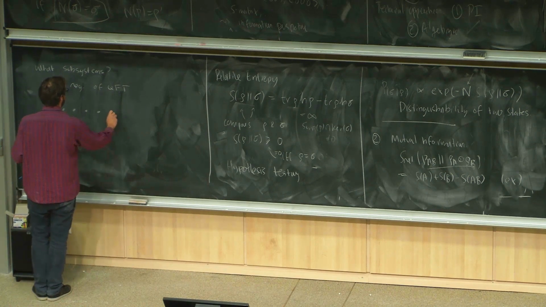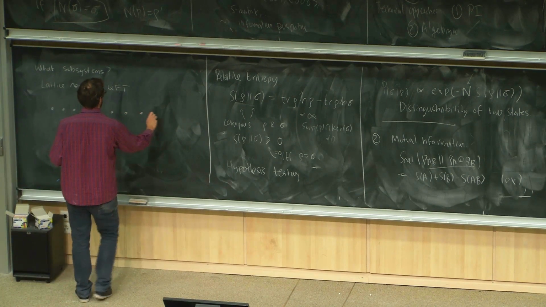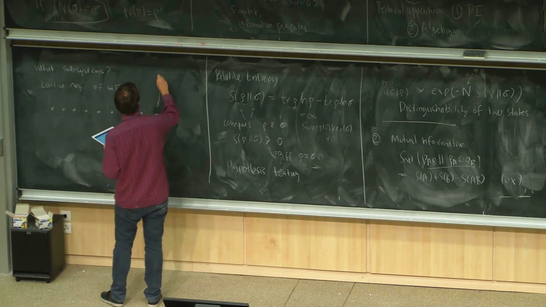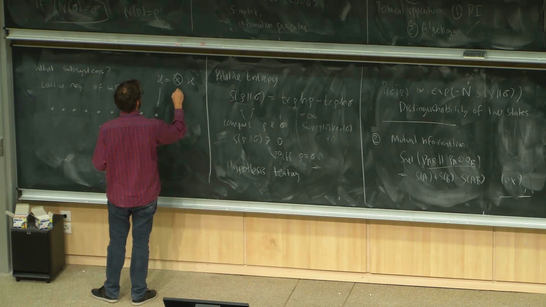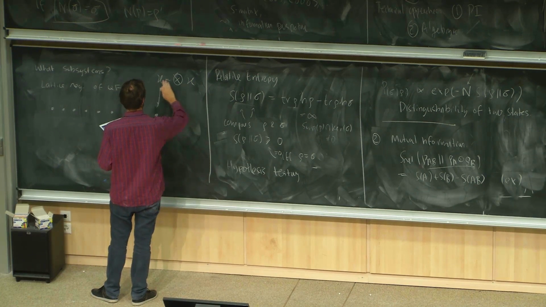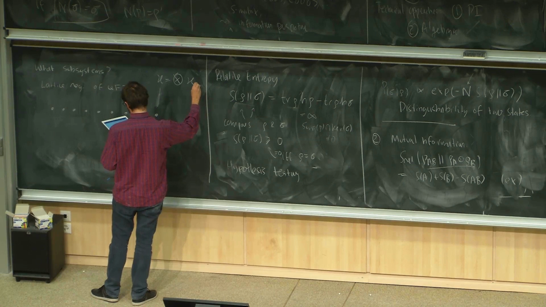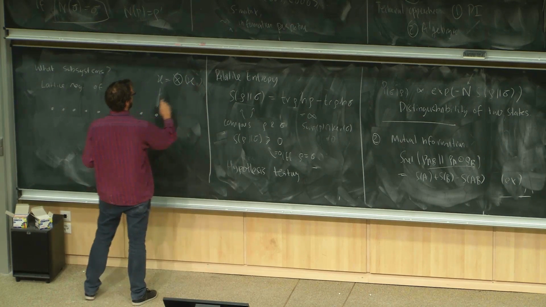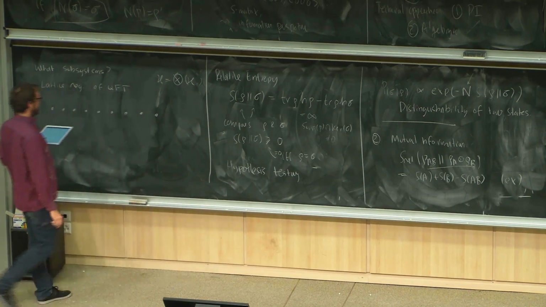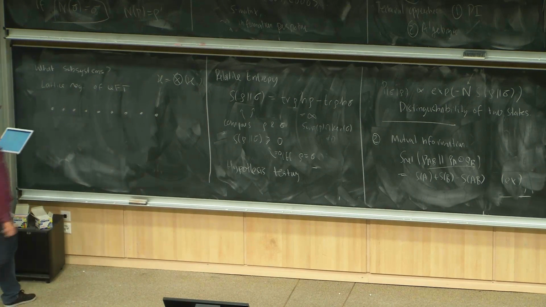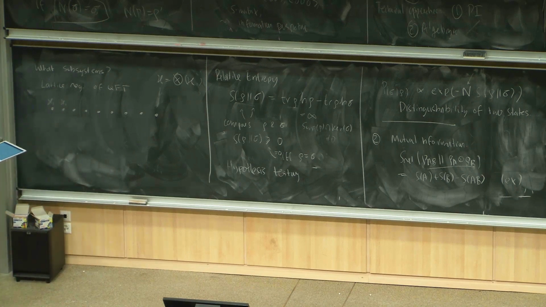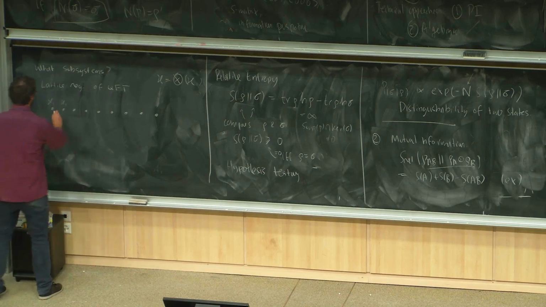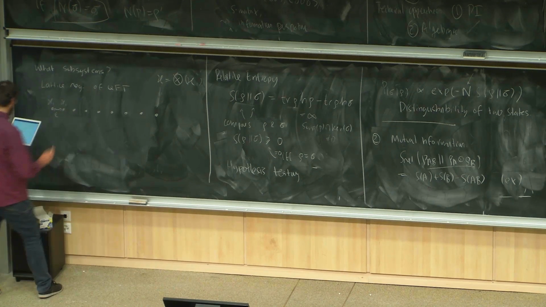I'll just draw a one-dimensional lattice where the total Hilbert space is just some giant tensor product, on each of the lattice sites, of some Hilbert space for each single site. So this is H1, and so forth. And then the Hamiltonian will interact between these, and then there's some lattice spacing, which I'll call epsilon.